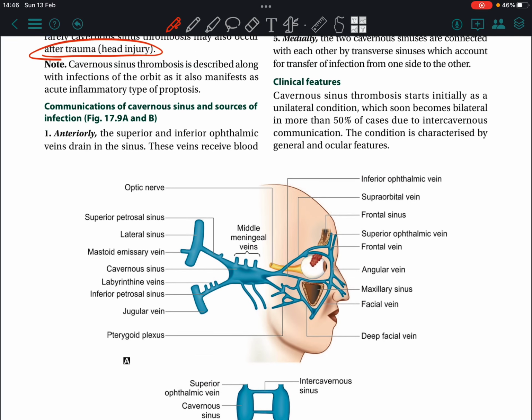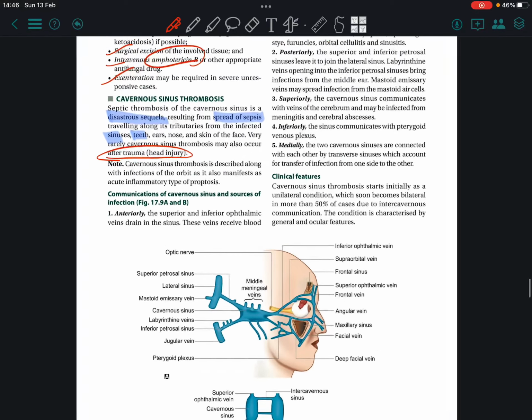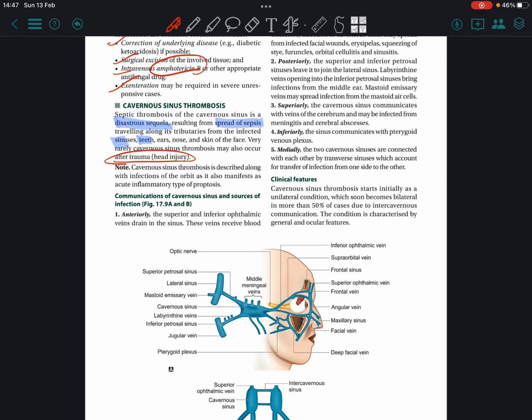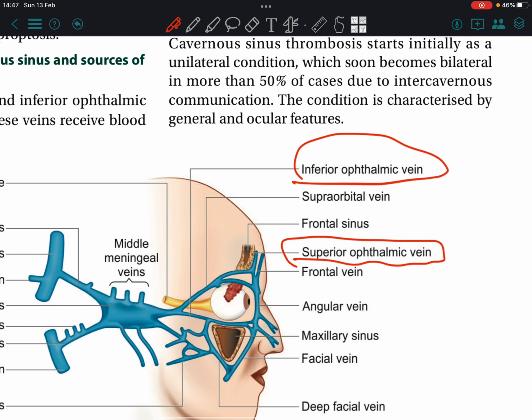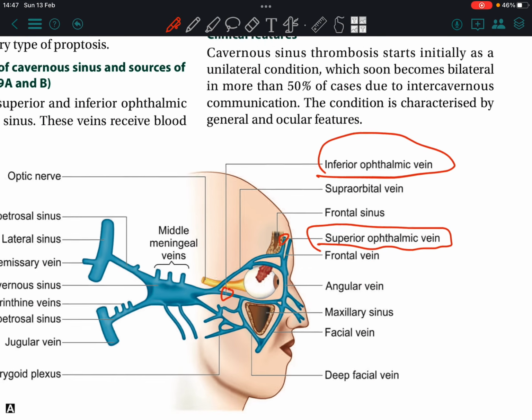Communication of the cavernous sinus and source of infection. Anteriorly, the superior and inferior ophthalmic veins drain into the cavernous sinus.